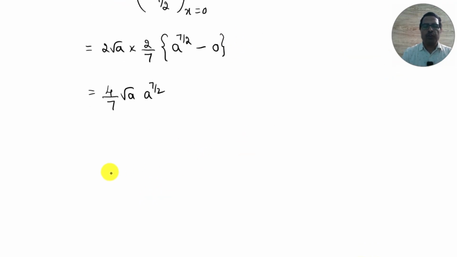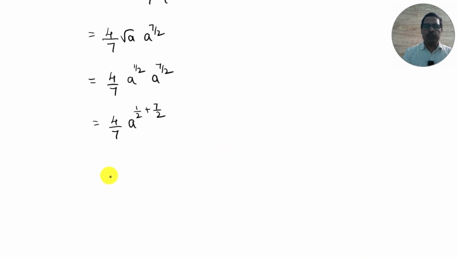Or further if you try to simplify, it will be 4 by 7, root represents the power of half. So a power of half into a power of 7 by 2. Or further, it is 4 by 7. Whenever the bases are the same, powers can be added. So a power of half plus 7 by 2. Or further, if you try to simplify, it is 4 by 7 a power of... LCM is 2.